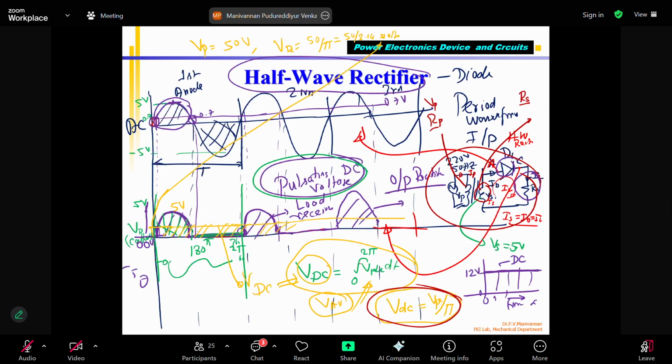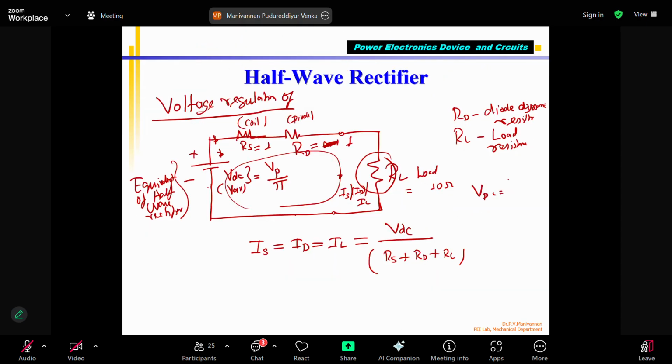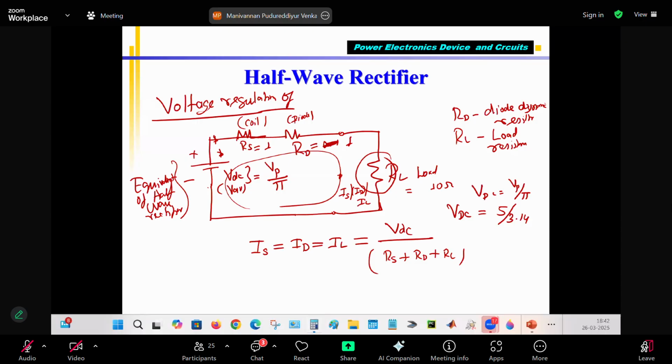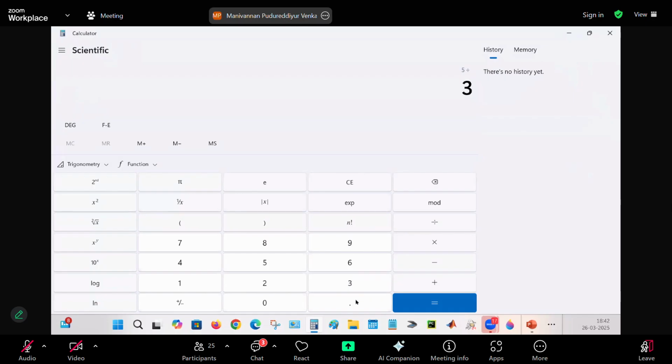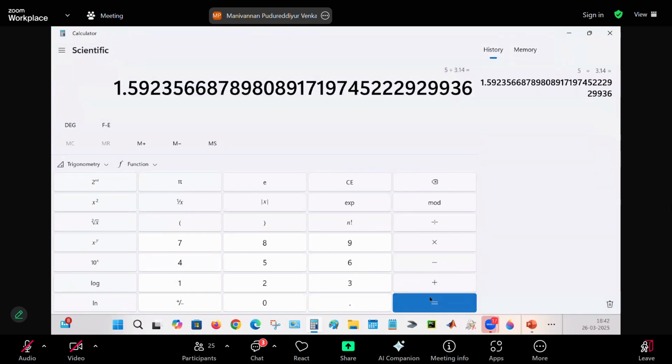Then what will be the VDC? VDC equal to V peak divided by pi is nothing but 5 divided by 3.14. Somebody can tell the value? Okay, let me calculate. 5 divided by 3.14, 1.59, sir. 1.59.